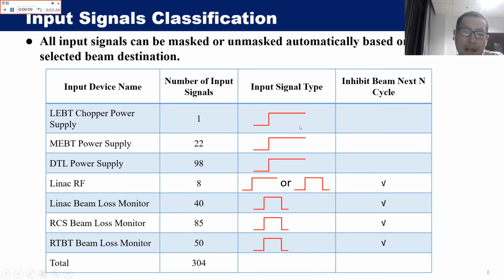For the power supply, the fault signal is usually the latch type, and for the beam loss monitors, usually the pulse type. According to the different input signal types, different actions should be carried out by the FPS.